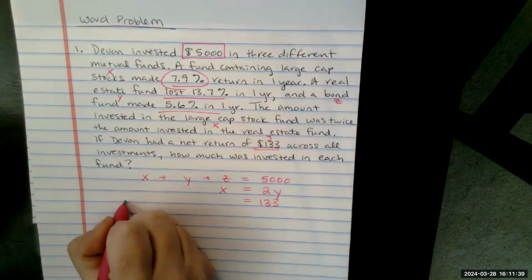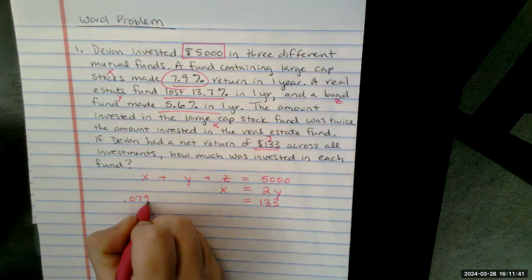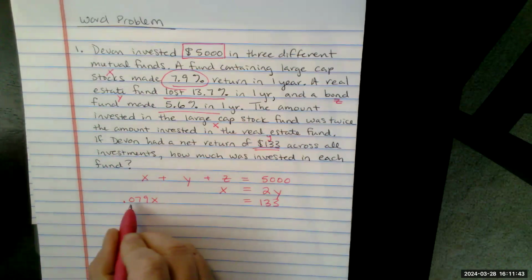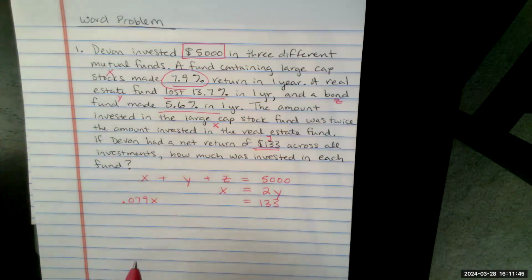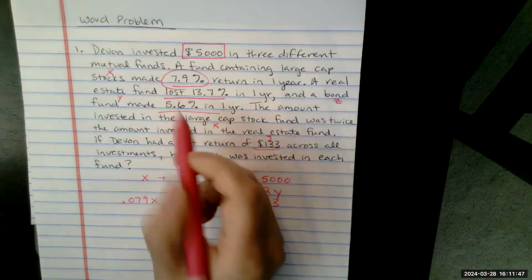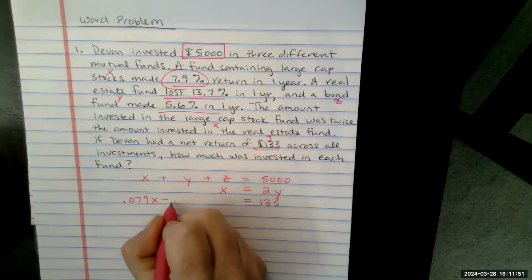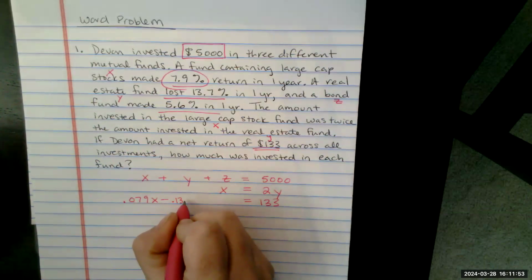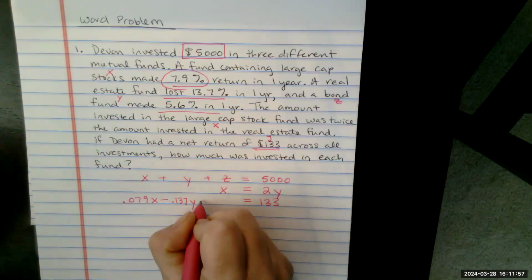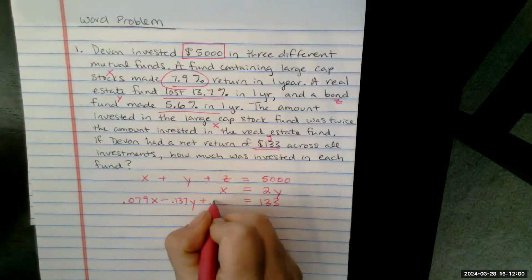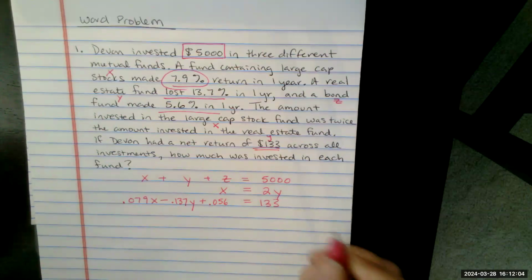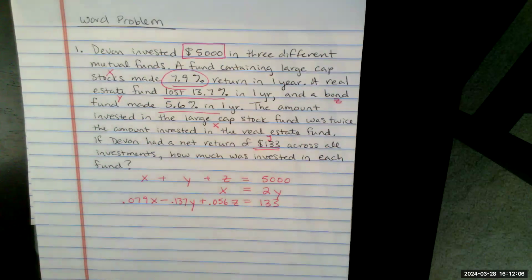So if I do 0.079 times X, that would find how much money I got back from that one. The next one lost money, so it's going to need to be a minus 13.7%, which means 0.137 times Y. And then the last one made 5.6%, so 0.056 times Z.